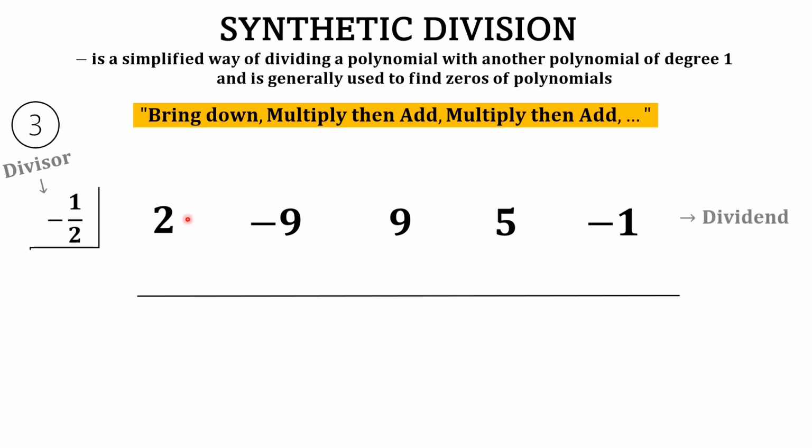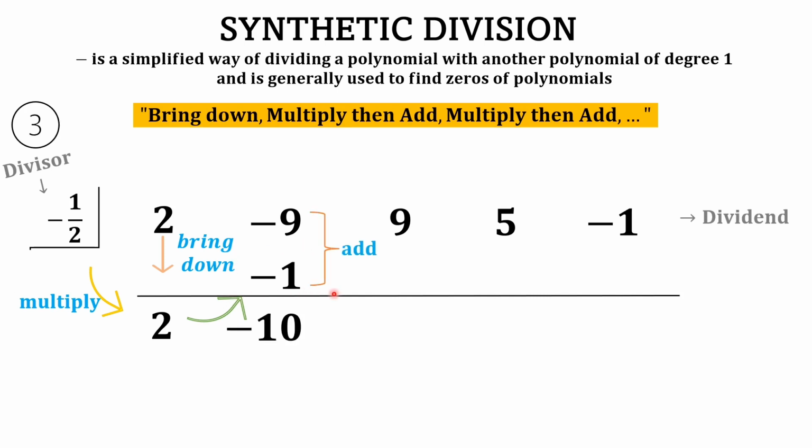Then let's perform. Bring down 2, multiply it with negative 1/2. That is negative 1. Write it below negative 9. Add them. That is negative 10. Multiply it with negative 1/2. That's 5. And then add them. That is 14. Multiply it by negative 1/2.